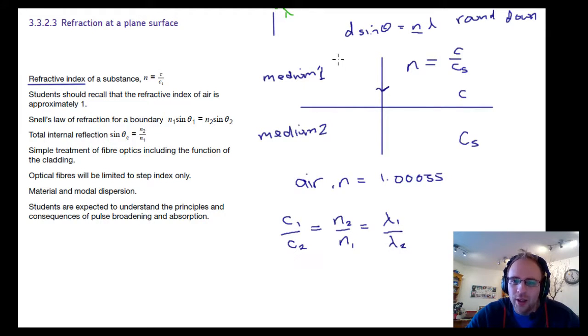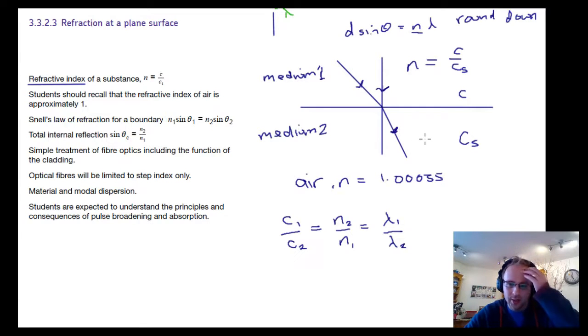If we change the angle of incidence, then as our wave slows down, or as our ray slows down, one side of the ray slows down first, and the other side of the ray kind of catches up to it. So our ray changes direction. Call that theta 1, call that theta 2. We're always measuring our angles from the normal to the ray.